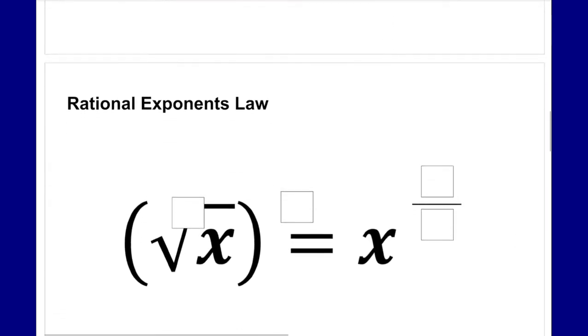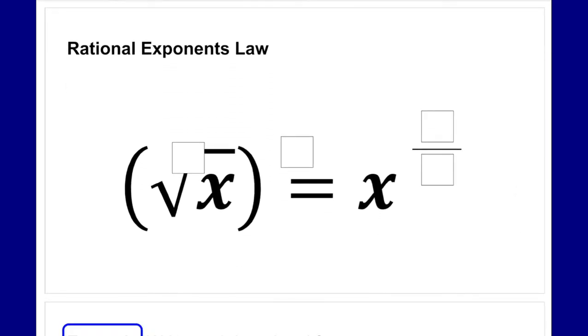Now the rational exponents law, or the rule for converting between rational exponents and radicals. With a rational exponent, we have a fraction for our exponent, say any fraction a over b, a numerator and a denominator. The numerator, the a value, tells us what the exponent on our radical is going to be, the same as a whole number exponent tells us the power, how many times we're multiplying the base by itself.